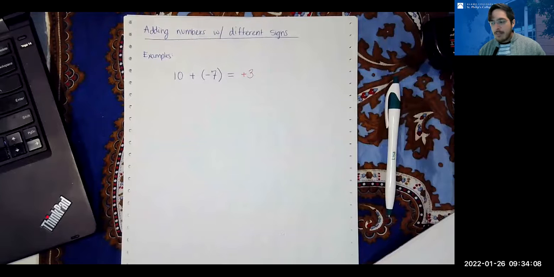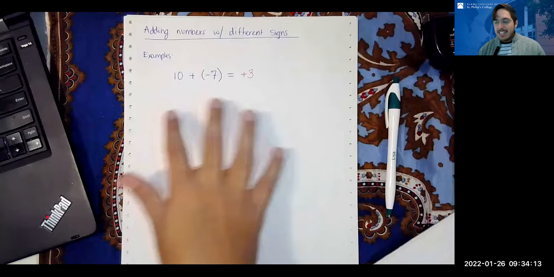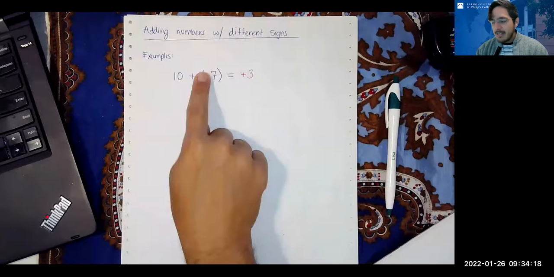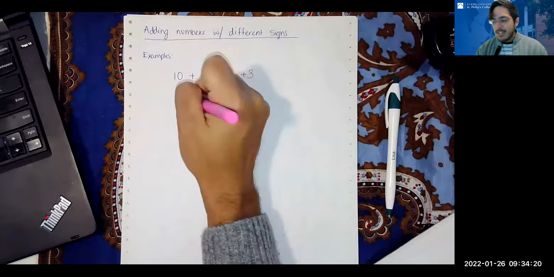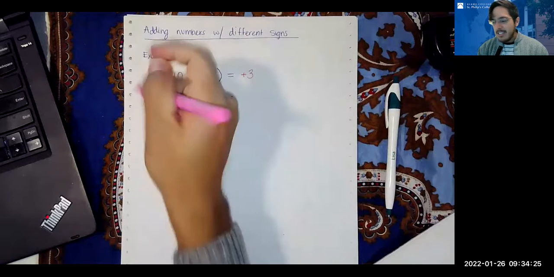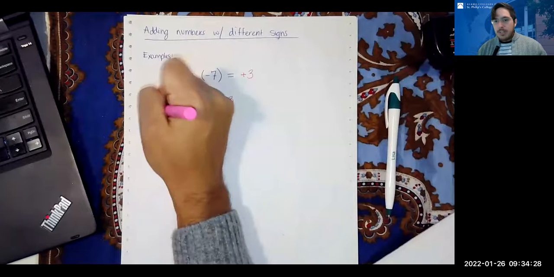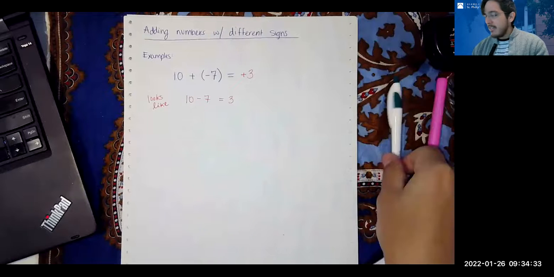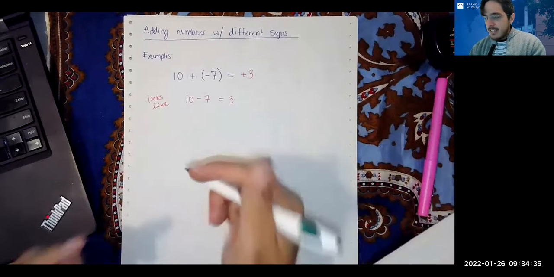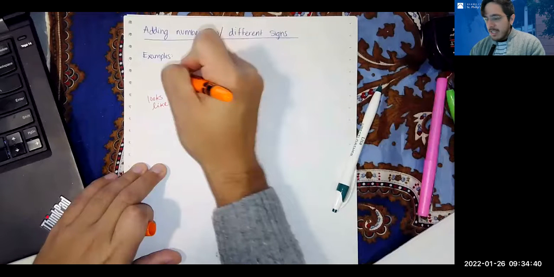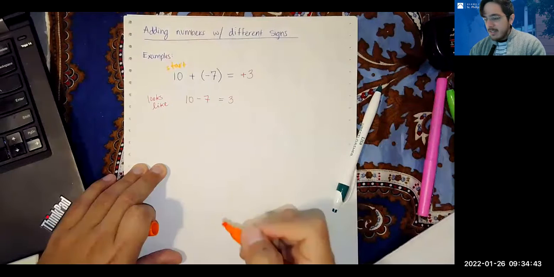No. It sort of looks like we're just subtracting though, right? It's like we ignored this sign and just did 10 minus 7, and that's equal to 3, right? Well, the intuition that I want you guys to have in your head always is that we're adding a negative number here. So this is our start location, our starting number, and this is what we're adding.